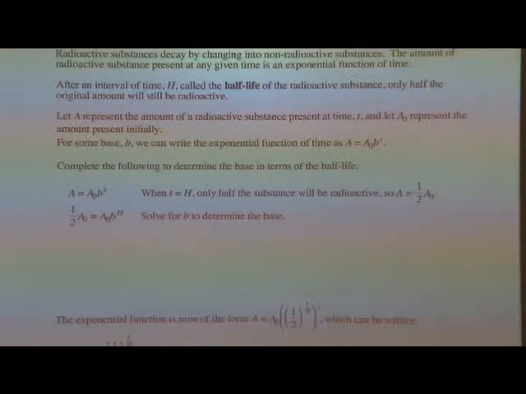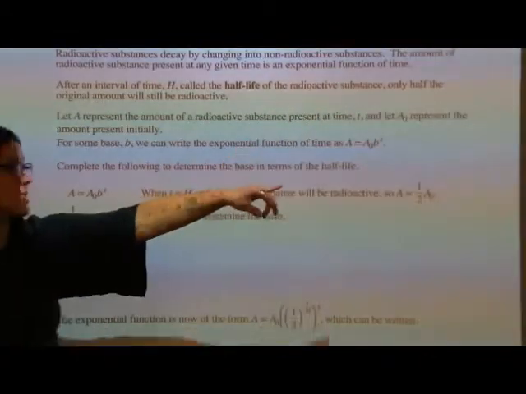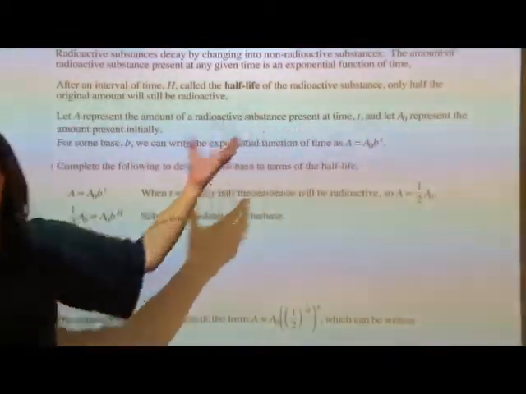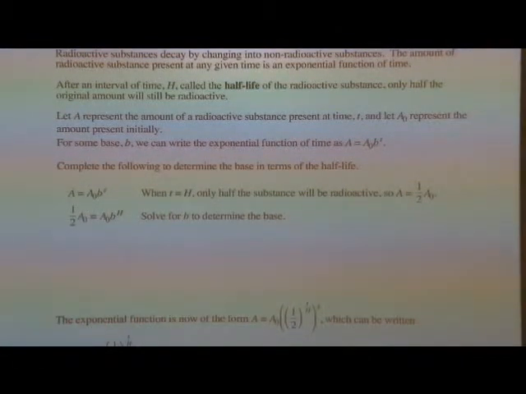For some base, b, we can write the exponential function as A equals A of 0 times b to the power of t, where A of 0 is the initial amount present at time 0, A is the amount left over at the end, and then you have your base, and then to the power of t.